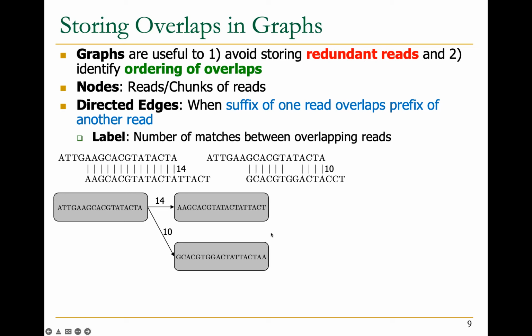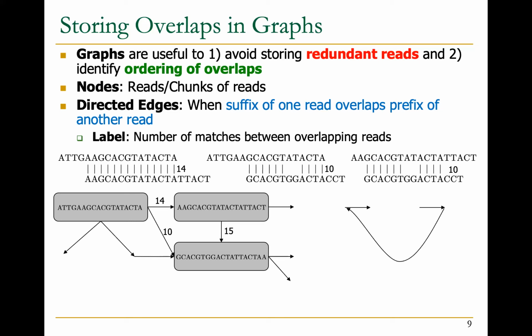This helps us avoid storing redundant reads by constructing a node unique to each sequence or each read. Then we generate all these nodes and all these edges for all pairs of reads, and what we get is a full overlap graph that represents all the overlaps that we find between all pairs of reads.